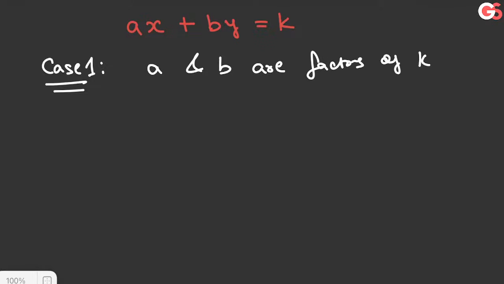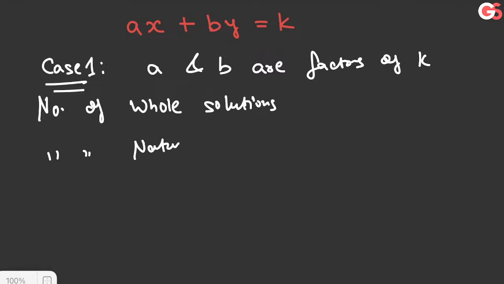Whatever the number of whole solutions was, the number of natural solutions will be 2 less. Can I say that? Yes or no? I can say that, right? Okay.